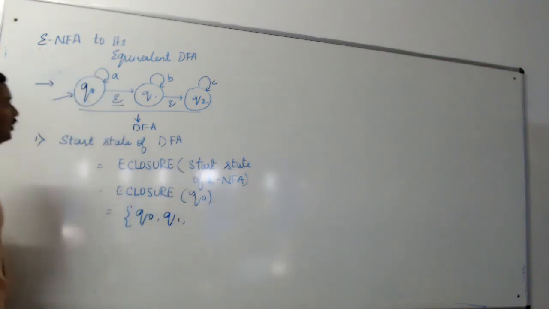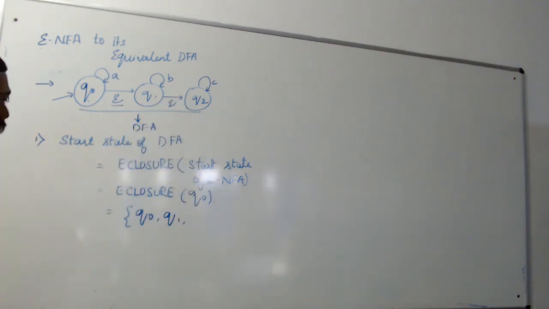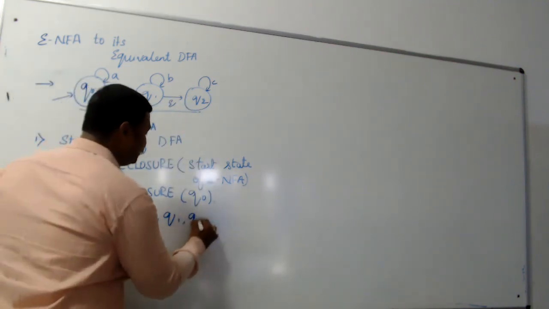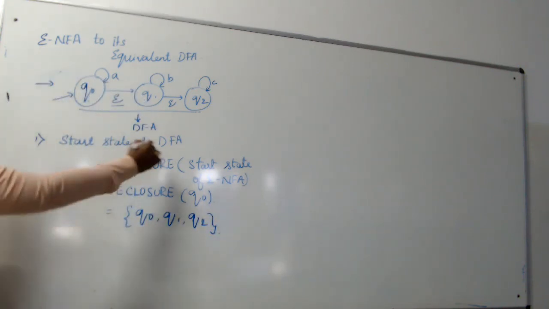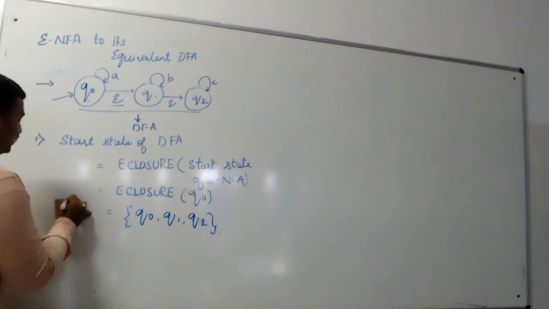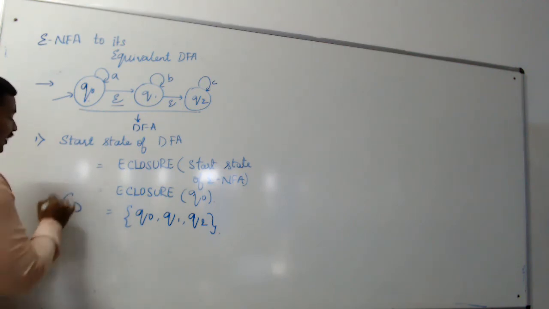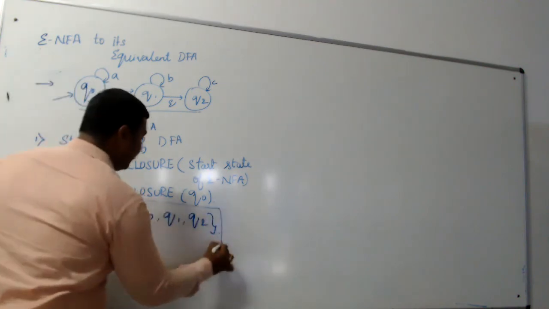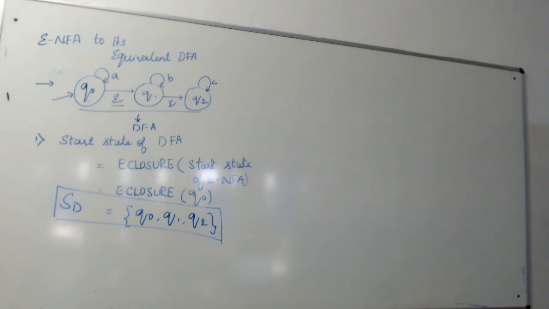And upon epsilon, from Q1, Q2 is also reachable, yes. This is the start state of the equivalent DFA. Right, this is the start state.